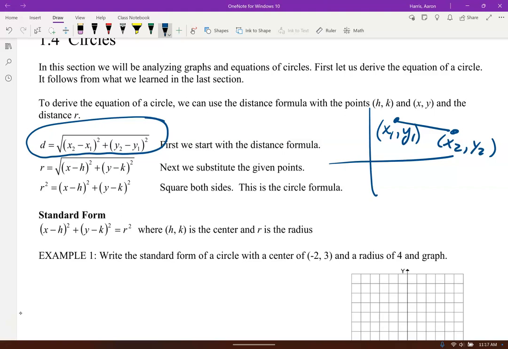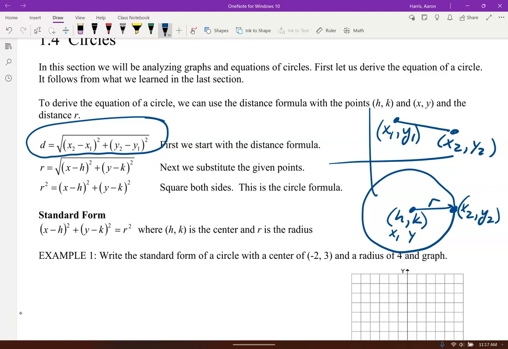Well, if you have a circle, with a center at h, k, and the point out here being x2, y2, a point on the circle, if you're finding that distance for the radius r, if you plug that in, this being your x1, y1, you'll get that second equation there, right?